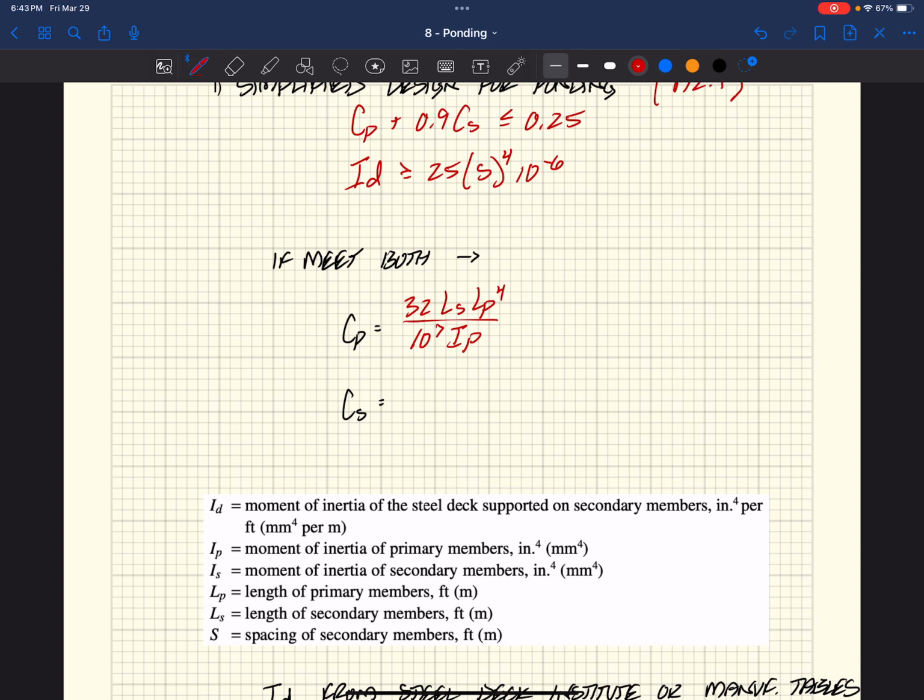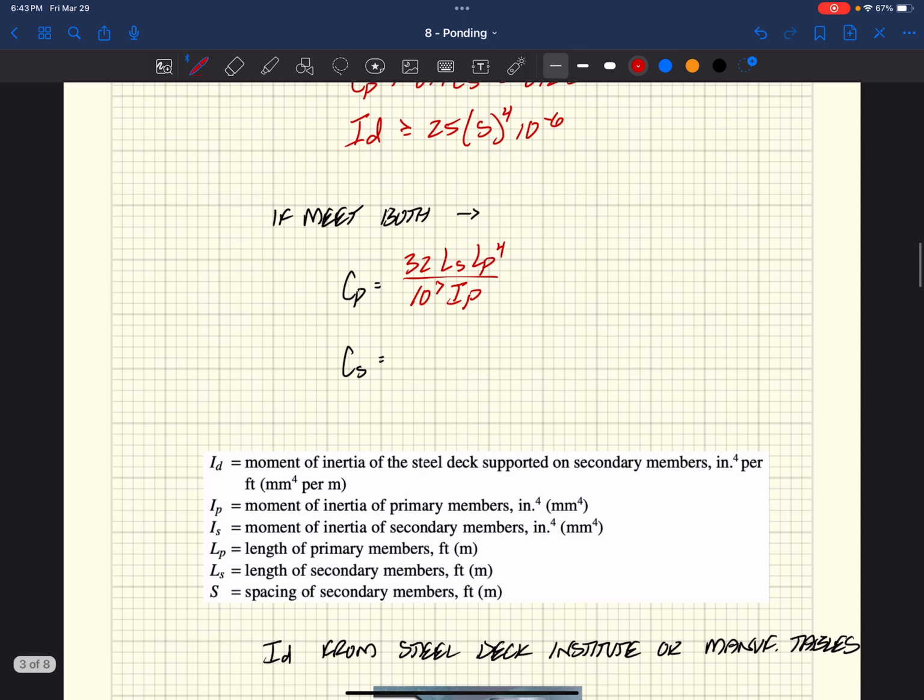And so what are they saying? Well, before that, CS is very similar. It's 32 times not LP, it's S, times LS to the fourth, all over 10 to the seventh times IS.